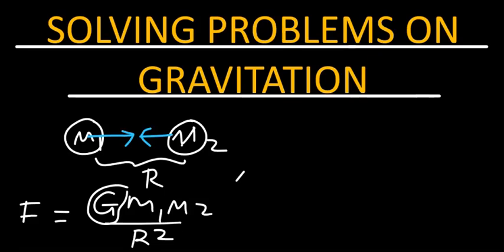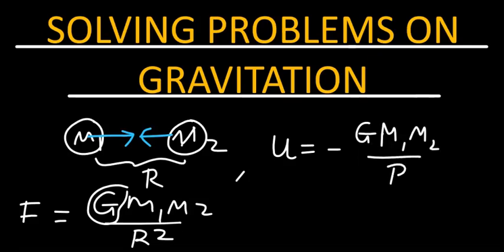Another concept that we shall look at here is the concept of gravitational potential energy of a two-particle system such as the one shown here. So in this case, the gravitational potential energy for such a system is given by the following expression. So again, G is the universal gravitational constant times the product of the two masses over the separation, R. Note that these two expressions are similar, but they are not identical.